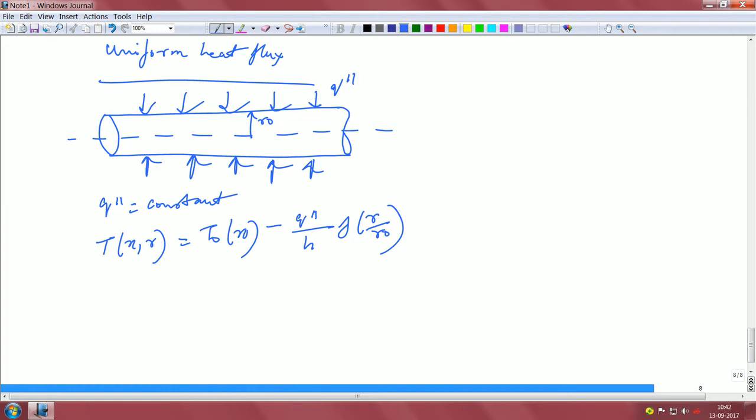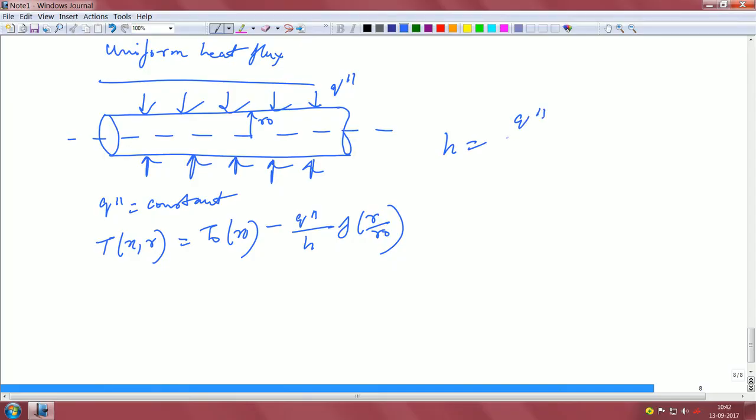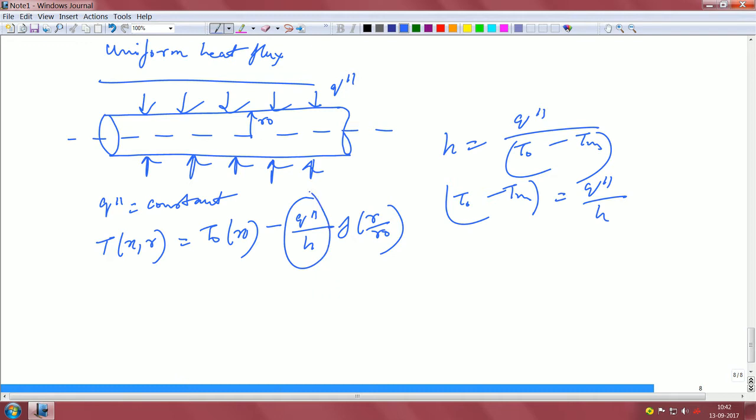This is a very simple definition, because T naught minus T m has been substituted by Q double prime. If you recall the definition of h, it was Q double prime divided by T naught minus T mean. So, substituting T naught minus T mean gives Q double prime divided by h, exactly what we have done in this term.